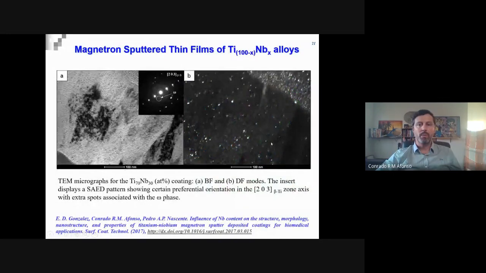And on the right, we have a dark field mode STEM image, showing that we still have some omega phase precipitation, although the thin film was produced by magnetron sputtering, which is a completely different way of growth of the grains. We still have the omega phase appearing in one of the compositions.